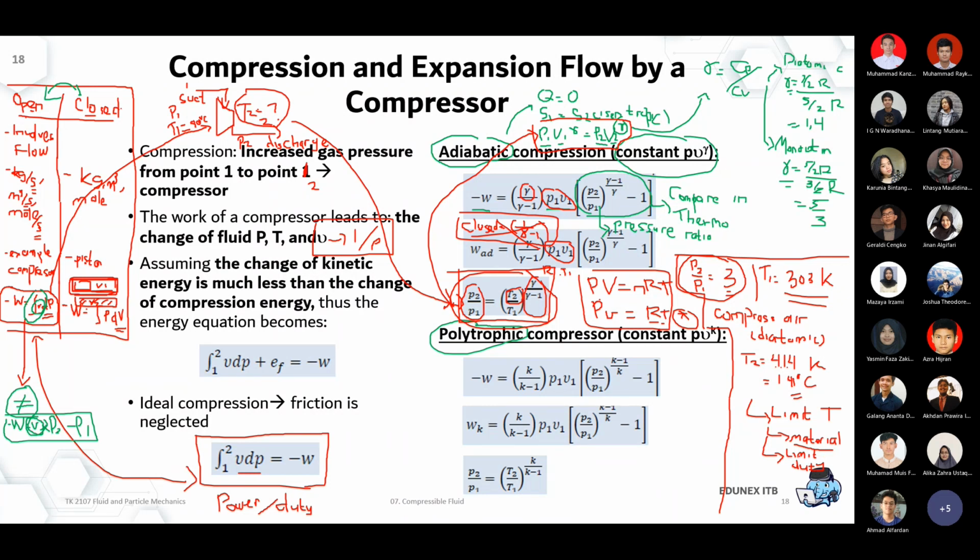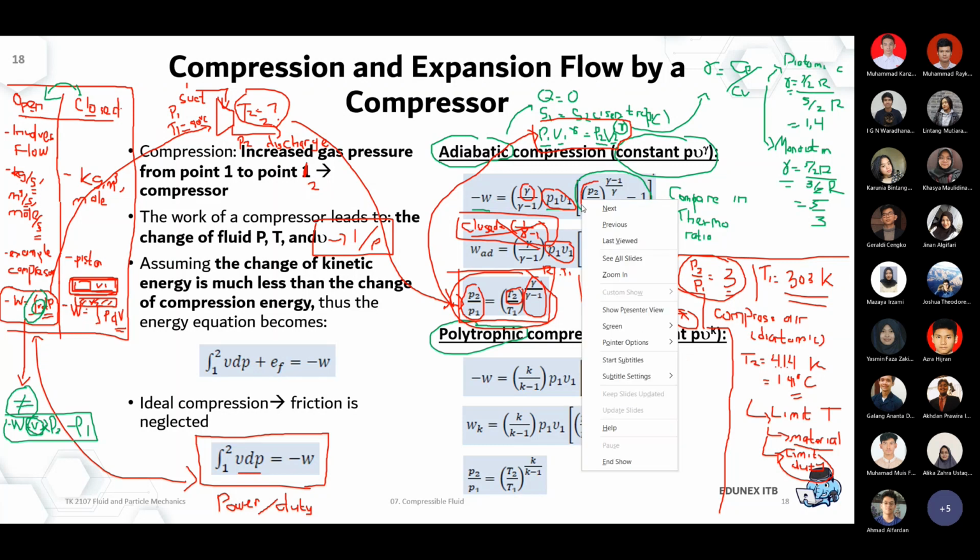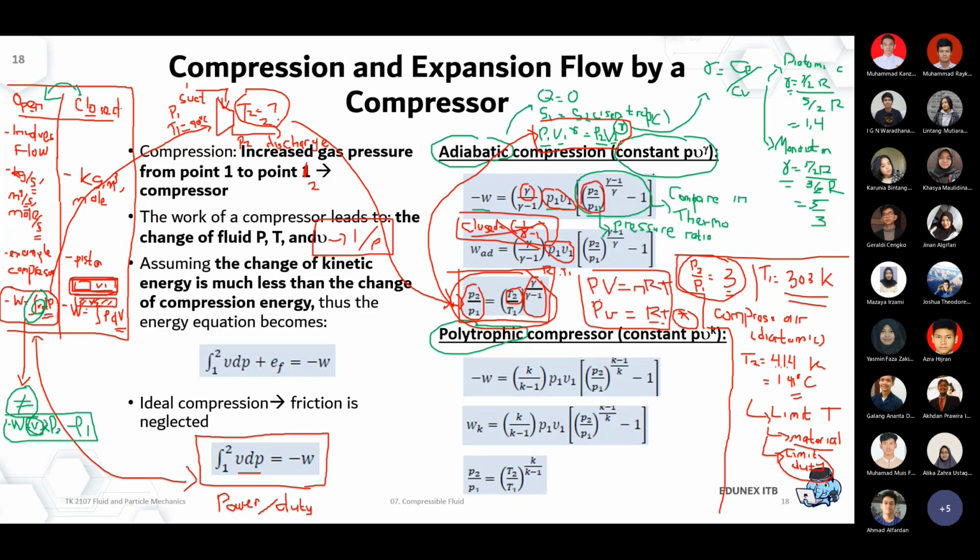But more importantly, the duty of the compression will be higher. Why? Because again, look very carefully at the formula over here. It's P2 per P1. So when our P2 per P1 becomes 10 instead of 3, of course the duty will be higher.